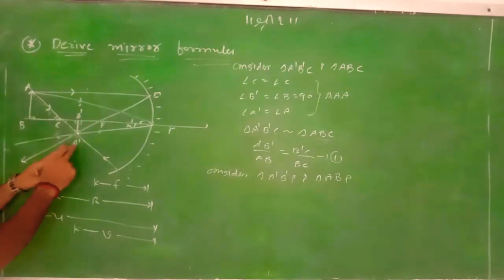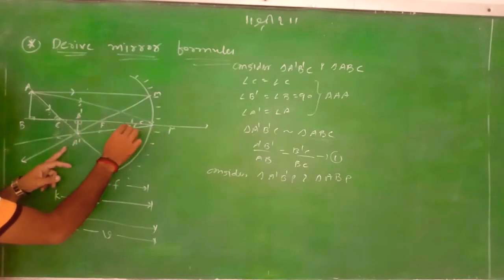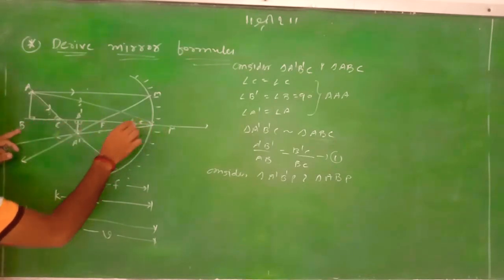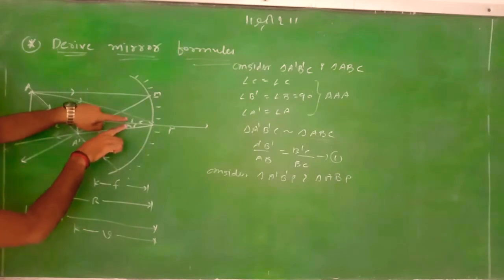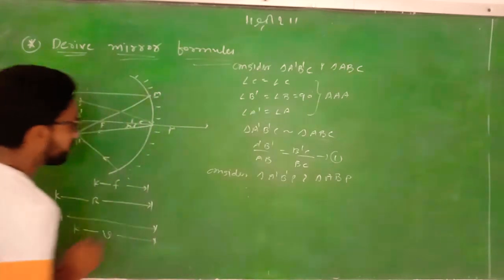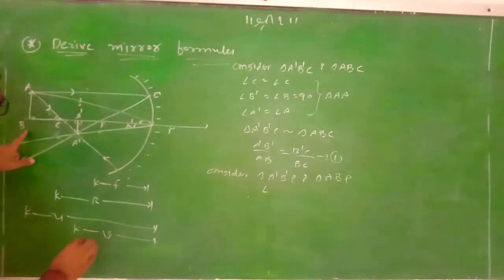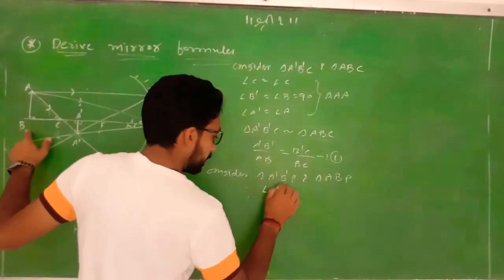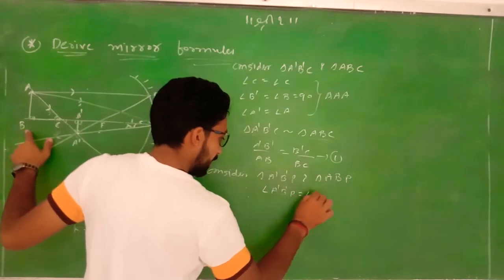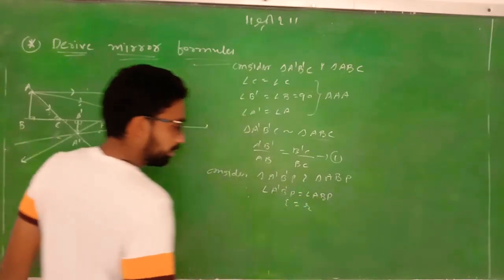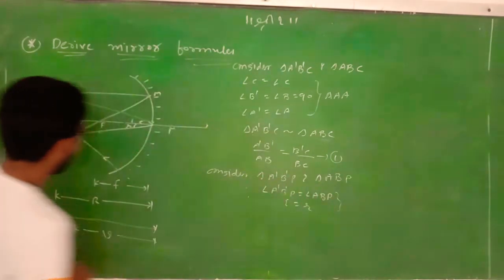Also one angle of A'B'B is r, and the angle of ABP is r. These two are equal. So from the figure we can say that angle A'BB' and angle ABP are equal to each other. Okay, so this is only for one.